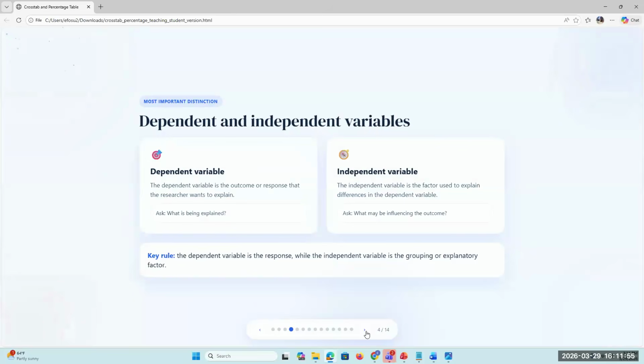The independent variable is what seeks to influence the outcome. So we picked an example like this: does religion influence opinion on legalizing marijuana? Look at the key rule at the end of the slides. It said the dependent variable is the response, while the independent variable is the grouping or explanatory factor.